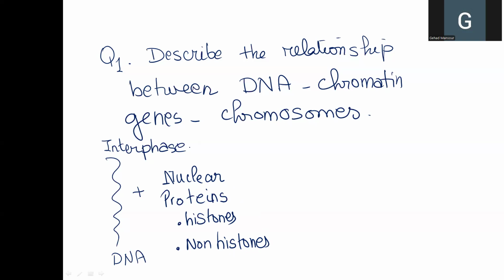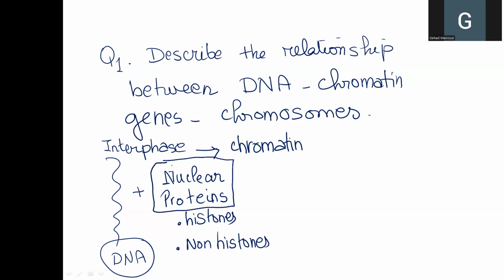So during interphase, what we see actually is chromatin. And chromatin is nothing but a mass of entangled, still non-condensed or non-folded DNA molecules that are bonded to histones and non-histones.